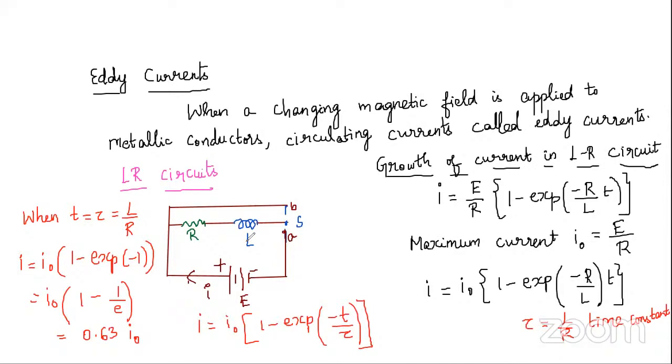As the current tends to the maximum value I naught, the rate of growth of the current is actually decreasing due to the presence of this inductor coil. So this is what the growth of current in LR circuit is all about.